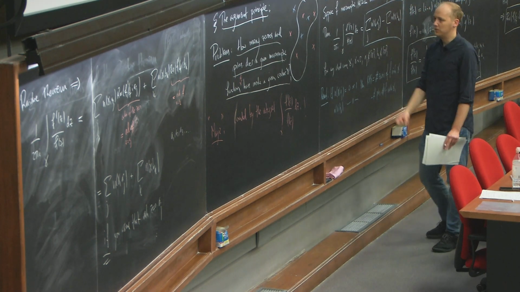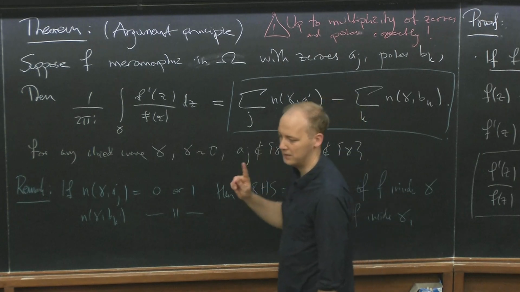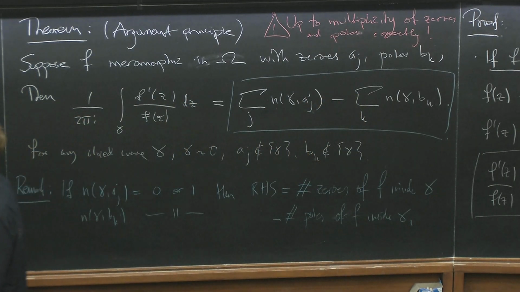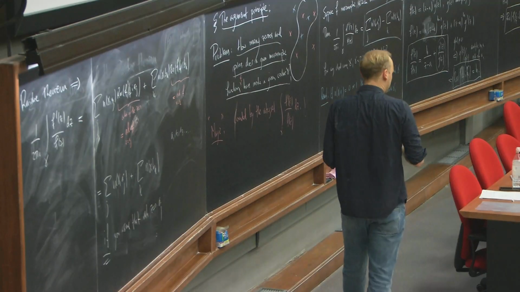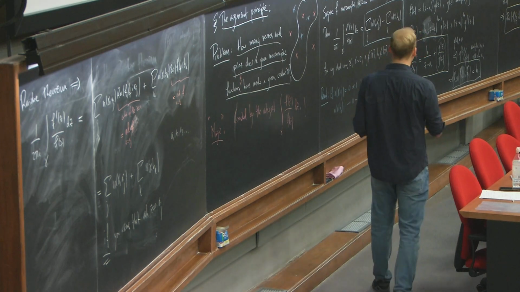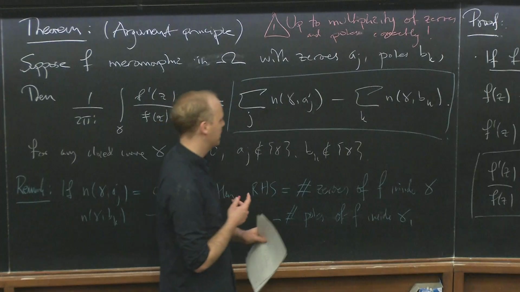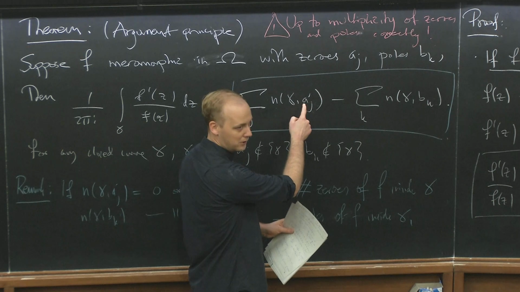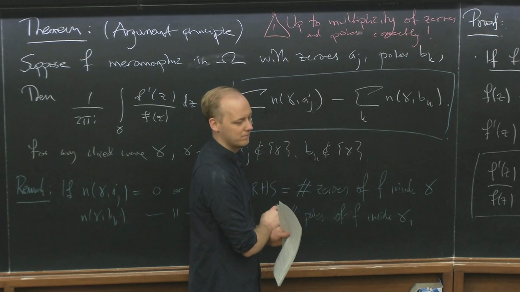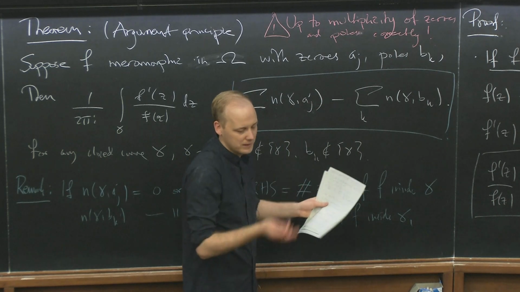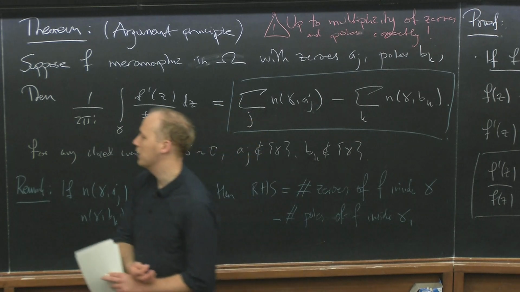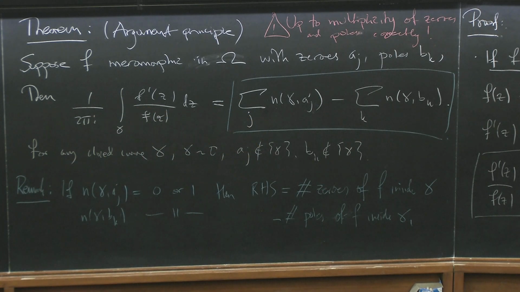So to reiterate, the theorem that I wrote down is correct if, in case you have 1 over z squared, and I ask you what are the zeros aj, then the correct answer would be 0 and 0 again. You see? This is a common convention, counting things up to multiplicity.